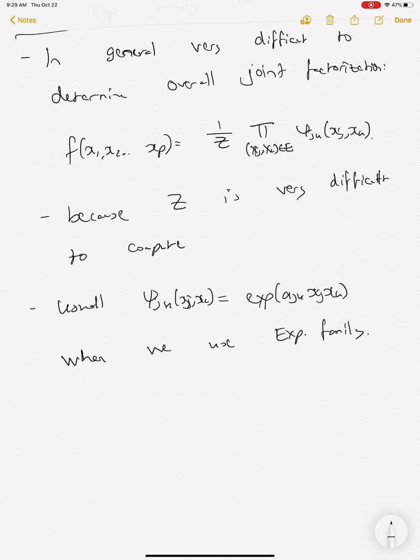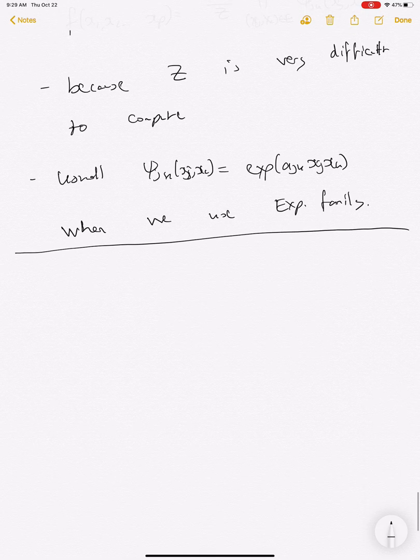Okay, so that's everything that we need to know about undirected graphs and undirected graphical models. We're now going to move on to the question of actually estimating and doing statistical inference on these.